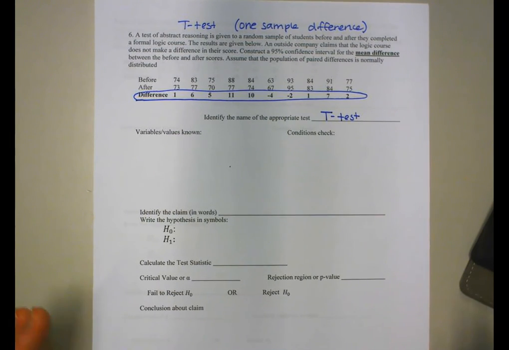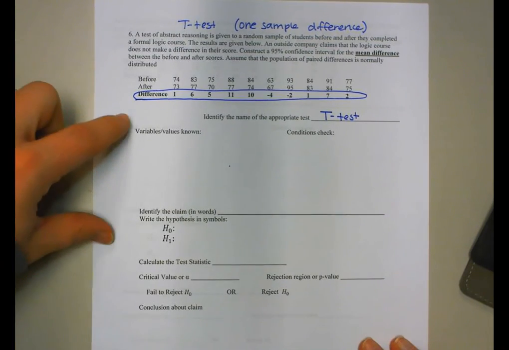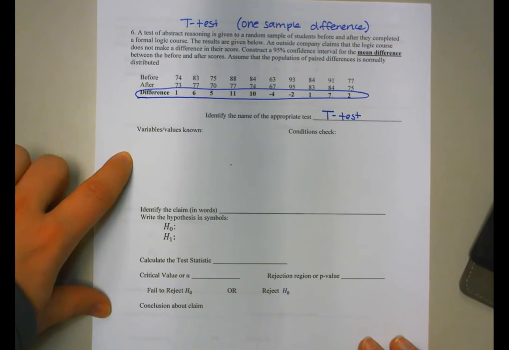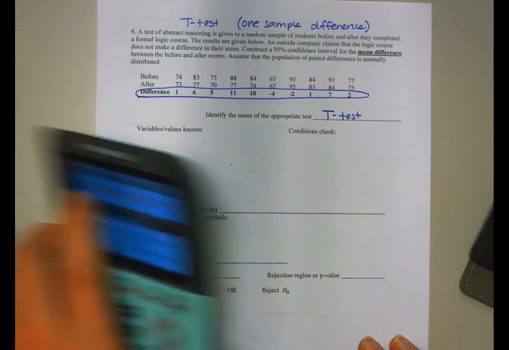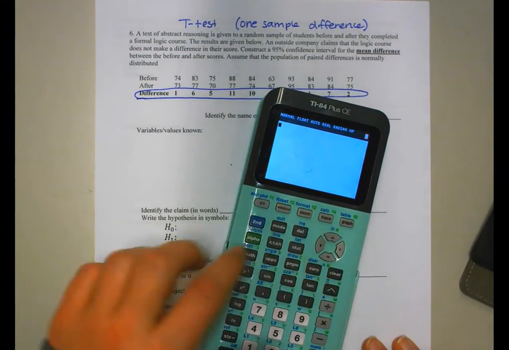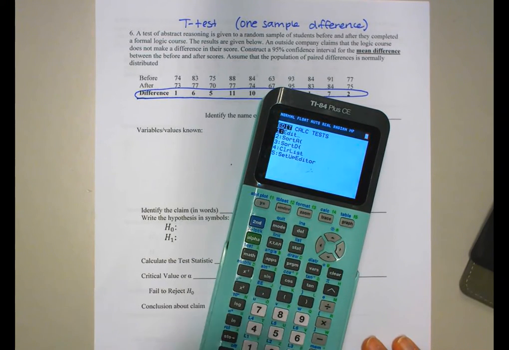Now, there's two ways that we can do this. If you really wanted to find out your mean and standard deviation before you got started with your t-test, your calculator can do that for you. Remember, if I go to stats, and we need to do this anyway, we have to type it into a list.